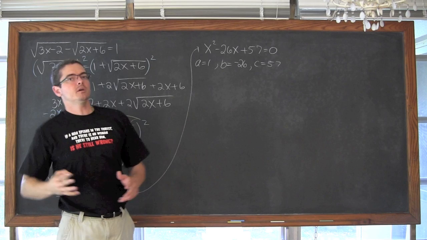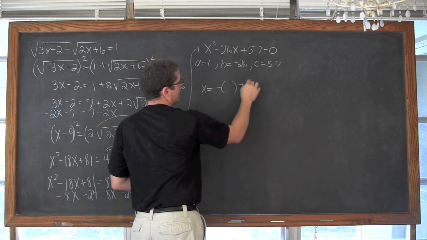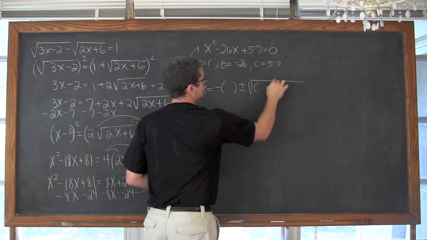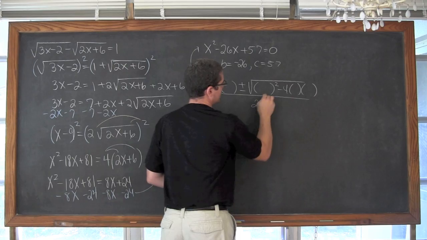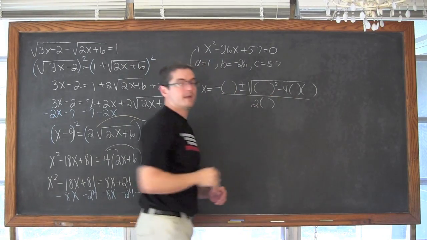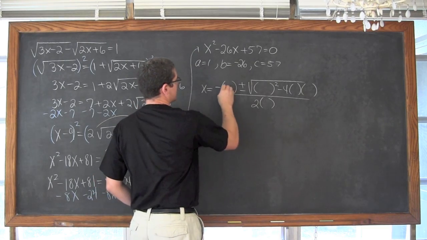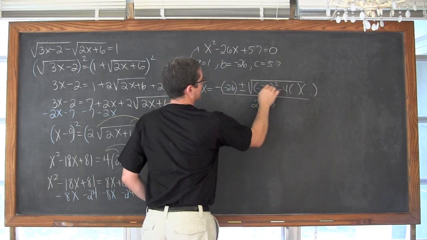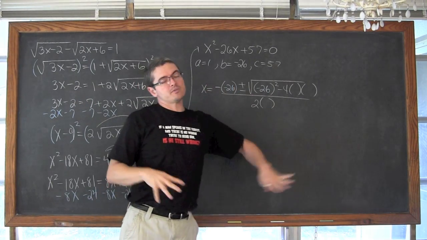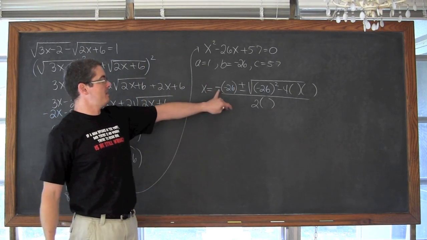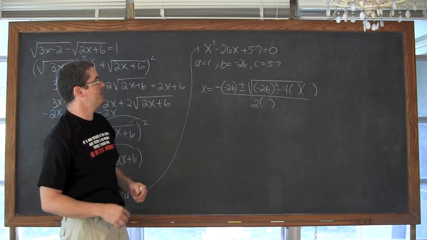Now, the quadratic formula is x is equal to negative b plus or minus the square root of b squared minus 4ac all over 2a. Well, b is negative 26, so we're going to go ahead and plug in negative 26. And you might notice when I wrote out the quadratic formula, I wrote the pattern out with all the parentheses in there. That's to make sure that I remember to write the negative from the formula and the negative from the negative 26 that we're plugging in.